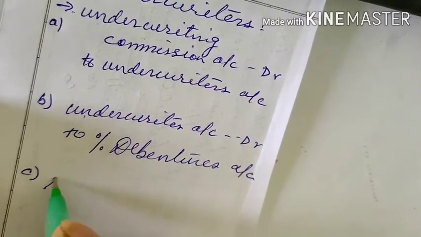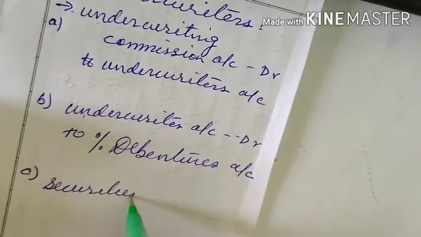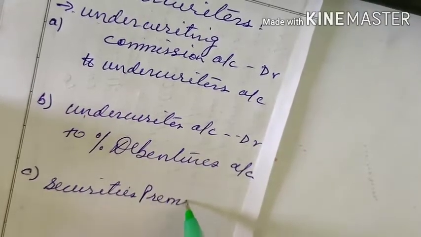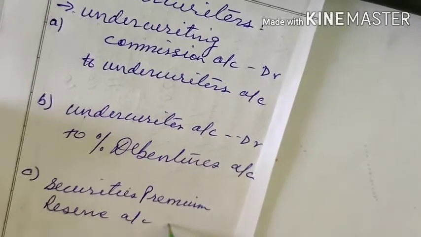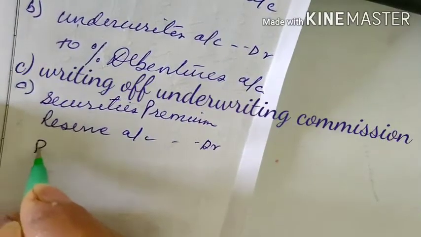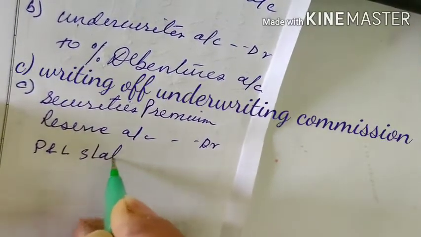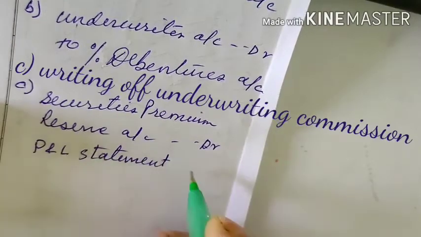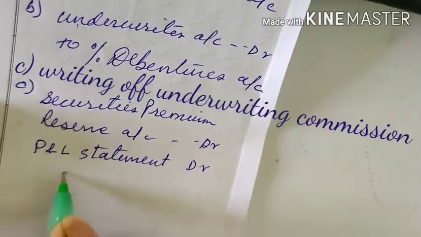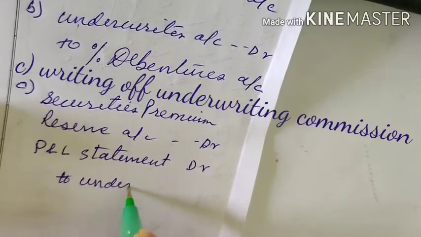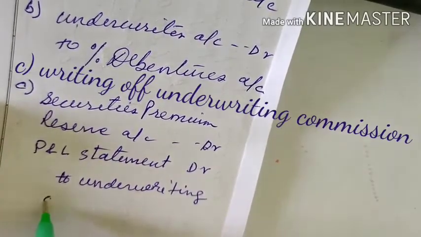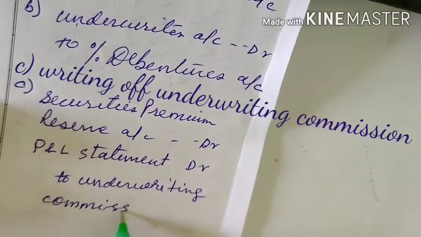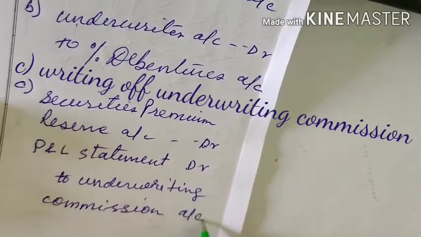So your entry is Securities premium reserve account debit, or Profit and loss statement debit, to underwriting commission account.